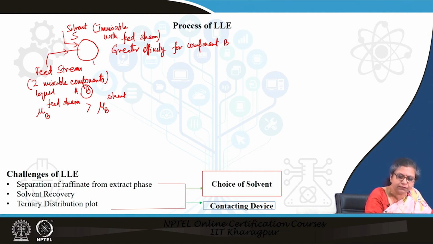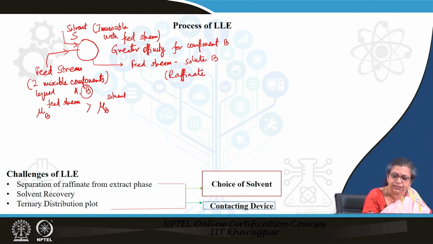One stream is the feed stream depleted of the solute, minus a major portion of the solute B, and this is known as the raffinate stream. This was already mentioned to you when we were doing our equilibrium classes.